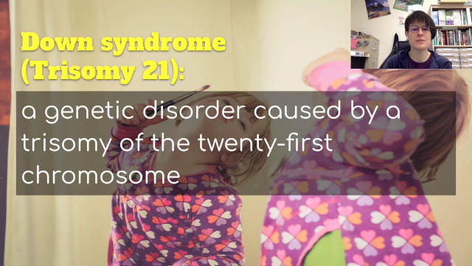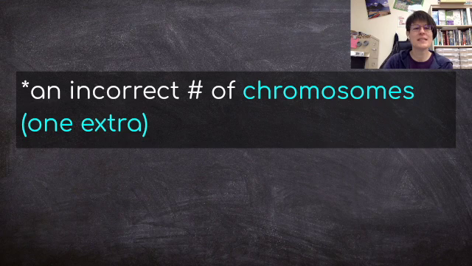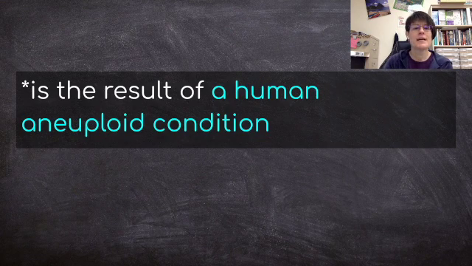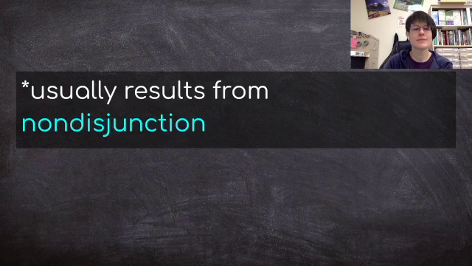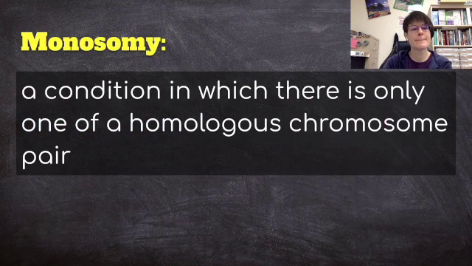They have some mental disabilities. They do not grow as large, but just really sweet, loving people that God has provided us with. So it is an incorrect number of chromosomes. There's one extra, and it's the result of a human aneuploid condition. And it usually results from non-disjunction. All of these things result from non-disjunction.